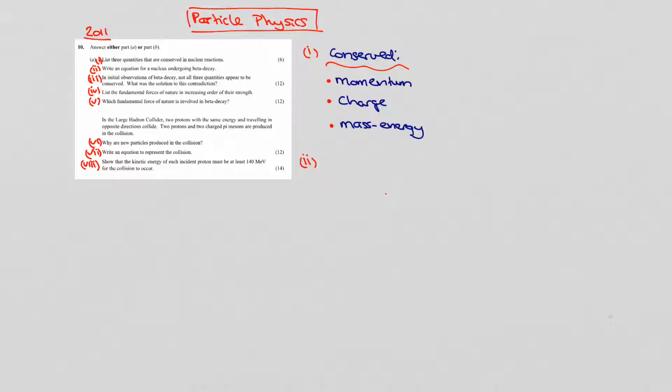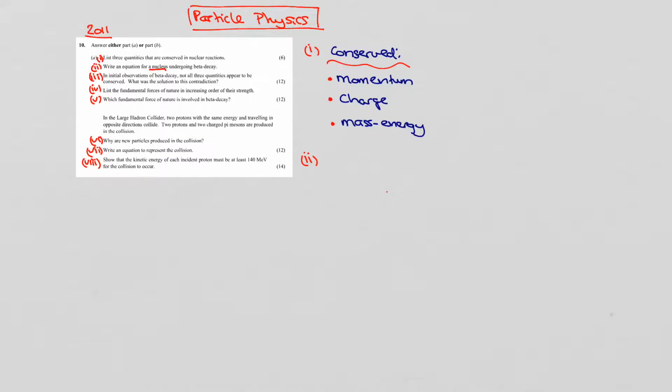It doesn't state what nucleus is undergoing beta decay, so when we don't know what nucleus it is, we generally just call it the letter X. In general, our element is going to decay into a new nucleus where the mass number will stay the same and the atomic number will increase by 1, because when we emit a beta particle, its mass number is 0 and its atomic number is -1.